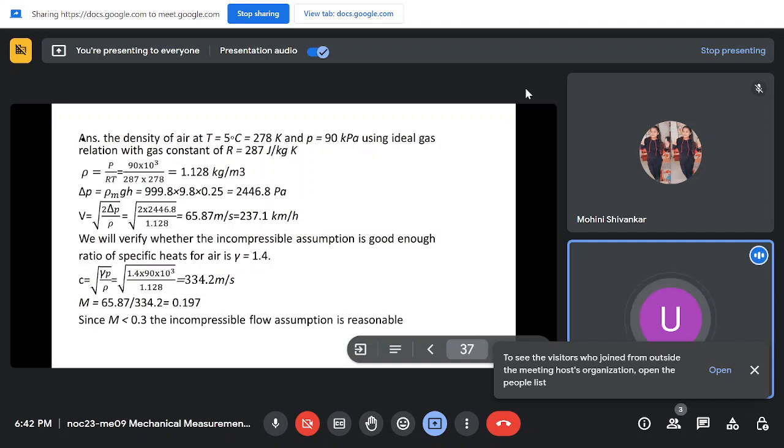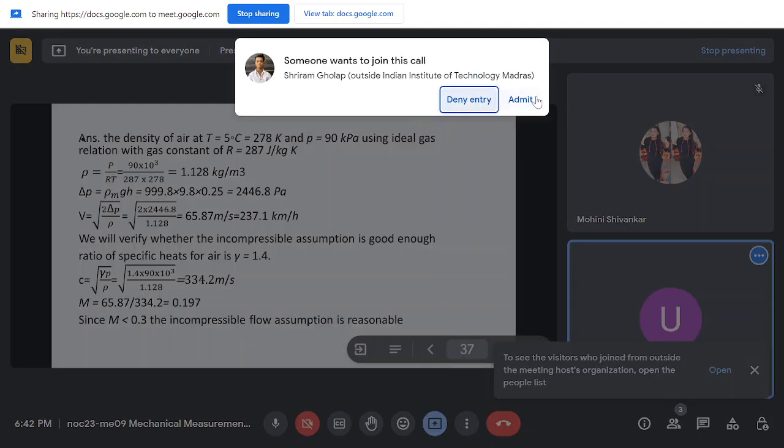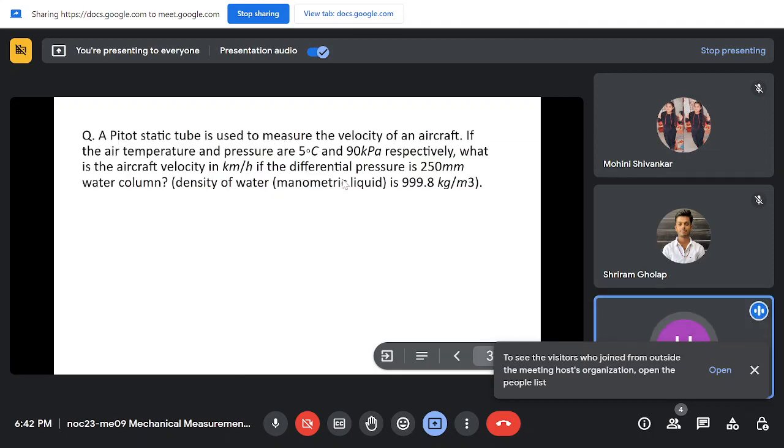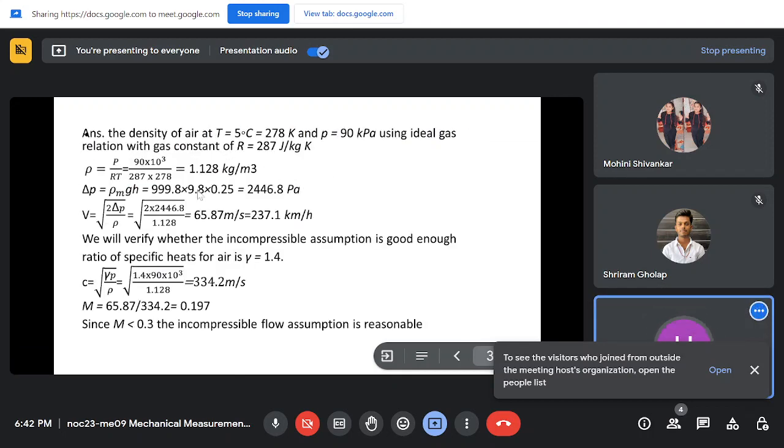So in this case, at the start we are calculating the density from the pressure and temperature using the ideal gas relation, and then we know the differential pressure is given as 250 mm of water column. So that is rho g h.